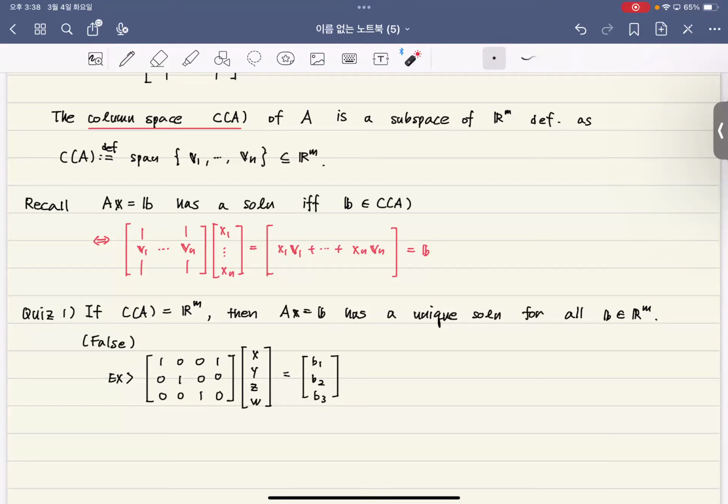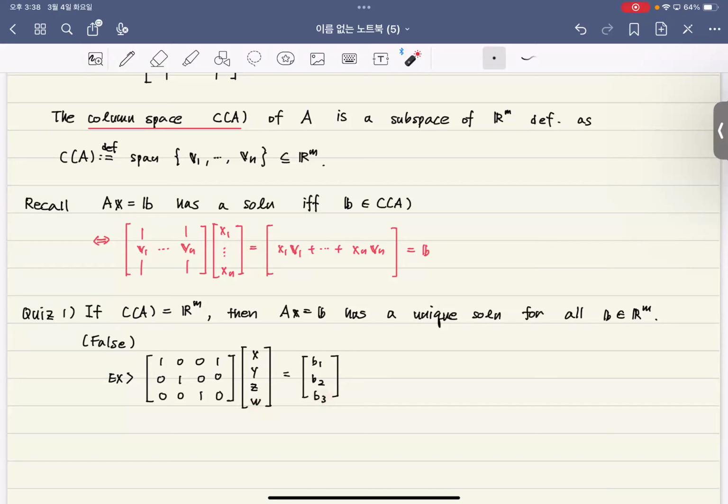How many different solutions can you find from this? Well, x is b1, y is b2, z is b3, and w equals 0. That is a solution of this equation, right? But however, x equals 0, y is b2, z is b3, and w is b1. That is also a solution, right?